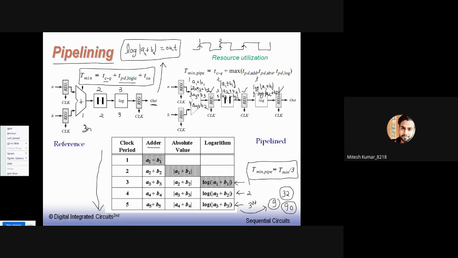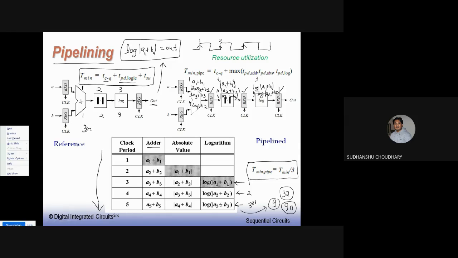Can you repeat how it comes to 32? Yeah, so 1 set of data takes 3 clock cycles, right? Then 2 sets of data take 4 clock cycles. Similarly, 3 sets of data take 5 clock cycles.